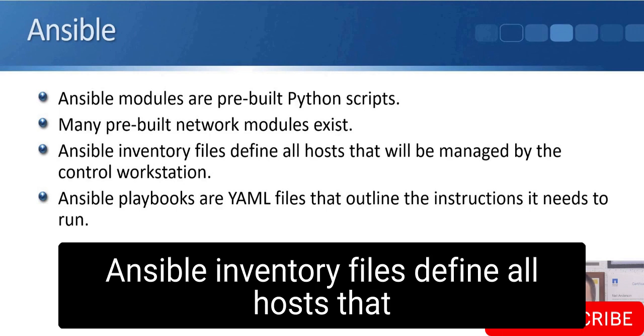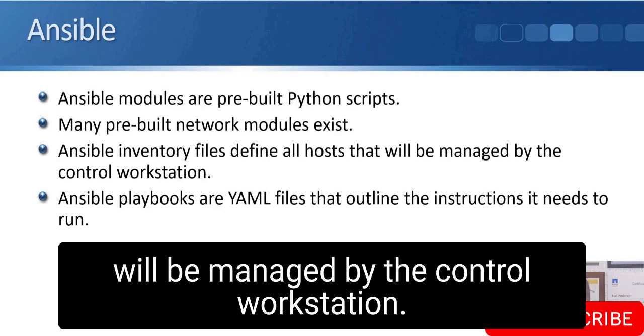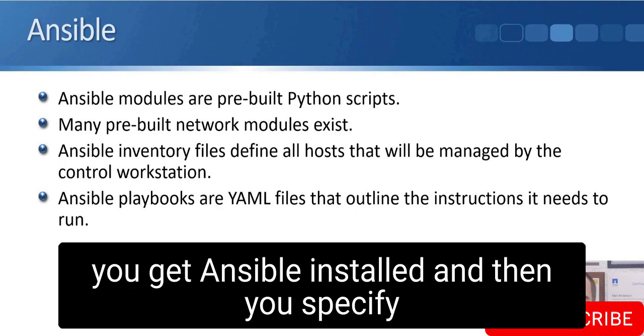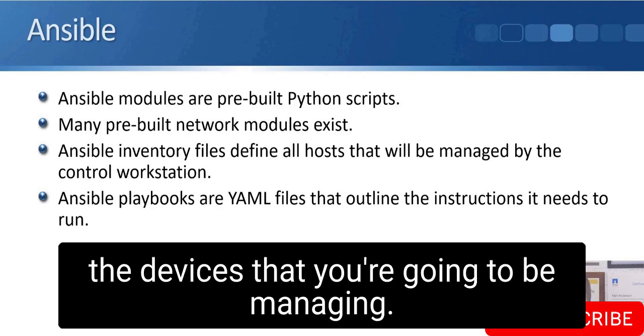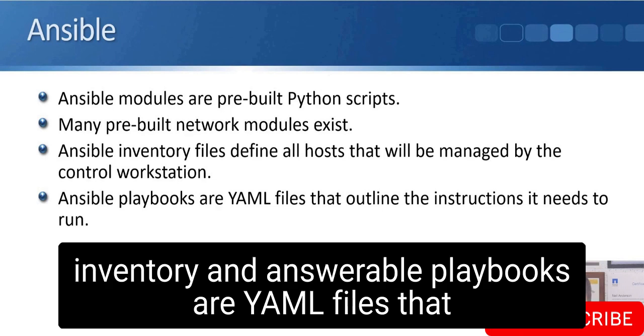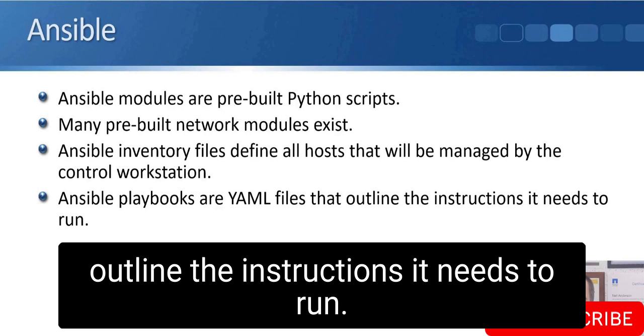Ansible inventory files define all hosts that will be managed by the control workstation. When you set up Ansible for use, you get Ansible installed, and then you specify the devices that you're going to be managing. You do that by adding them to the inventory. And Ansible playbooks are YAML files that outline the instructions it needs to run.